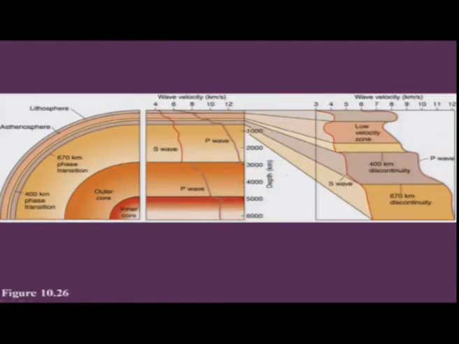Here, if you look at the interior of Earth, the P waves and S waves are traveling into the interior, but the velocity changes as you move further in. For the S waves it slowly increases, but at some places it dies out and doesn't travel further.